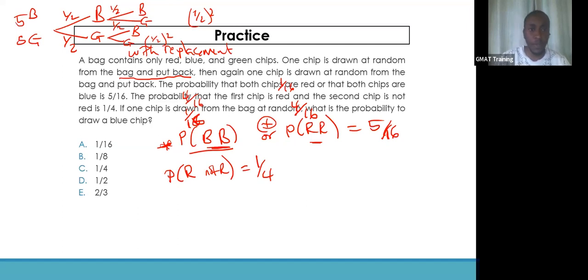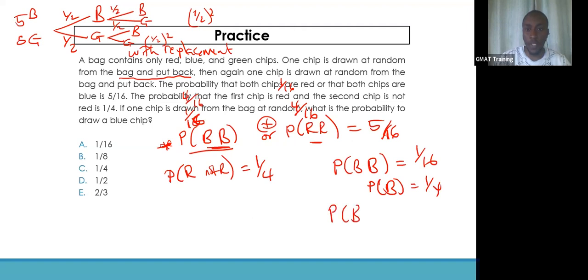So if the probability of blue and blue equals 1 over 16, then the probability of blue will be a quarter. If the probability of blue and blue is 4 over 16, then the probability of blue is 2 out of 4, which is a half, right?